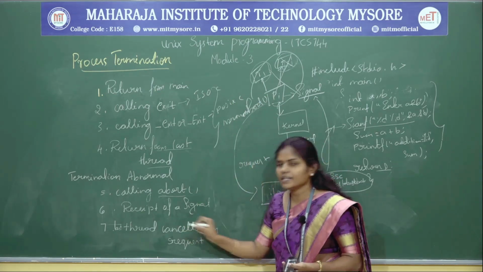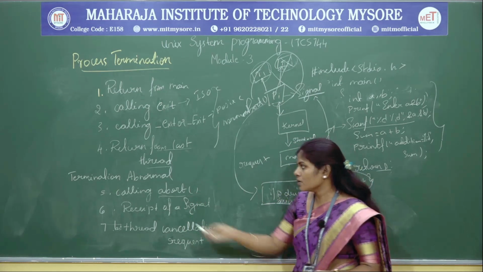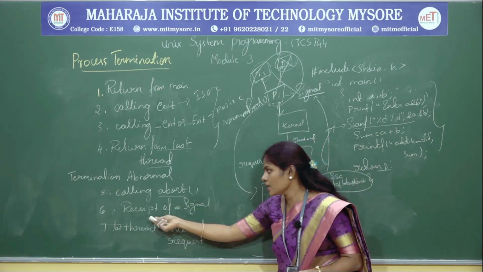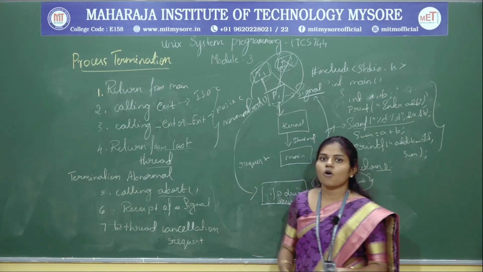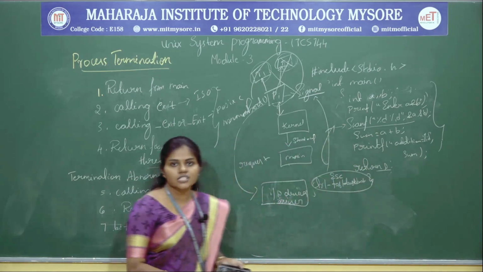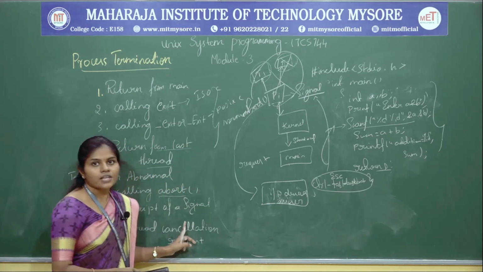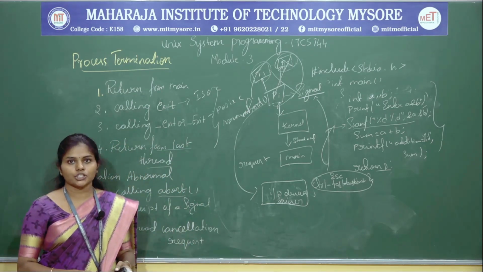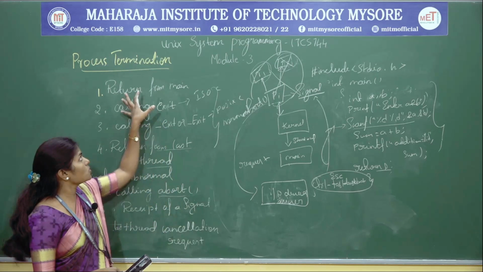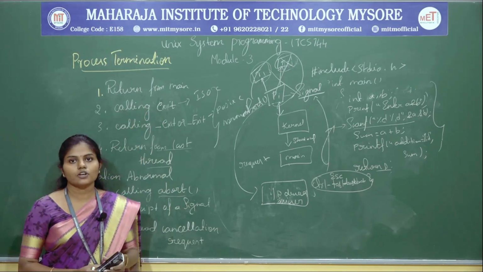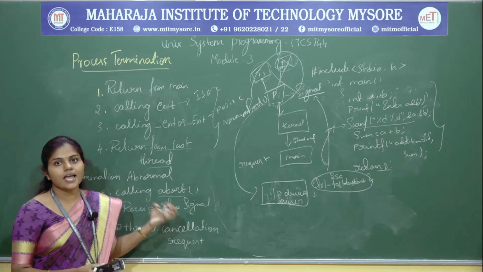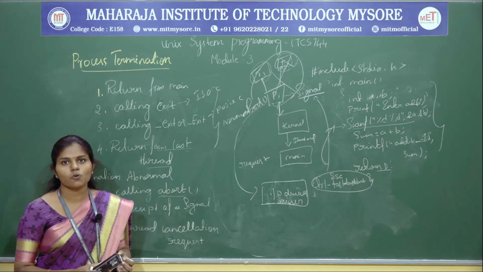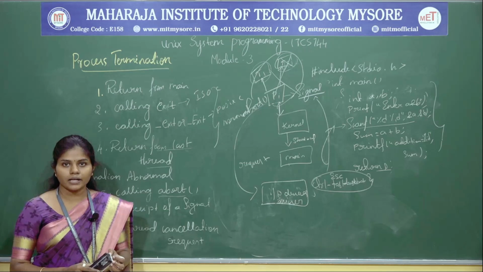The last three are the abnormal ones: calling the abort function, then the signal, that is, if in the middle it fetches a software interrupt, and then the last thread cancellation. So this is how the process terminates normally and abnormally. Now let us see how this exit function works with a simple example.